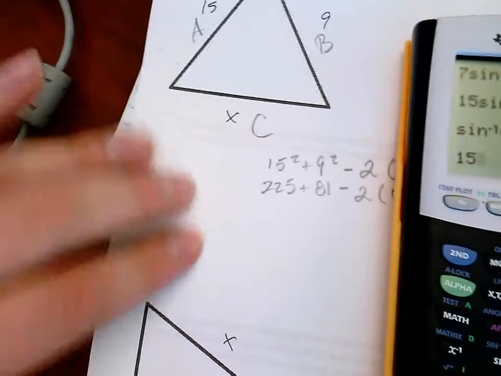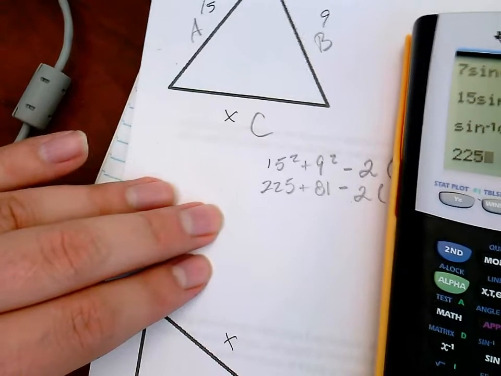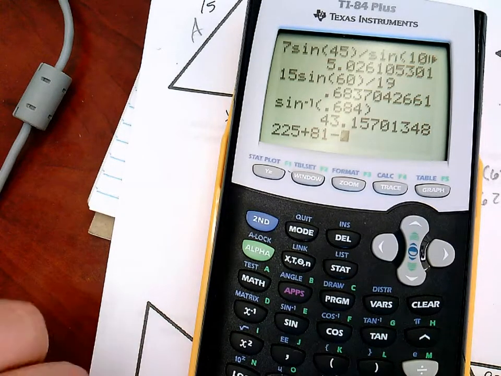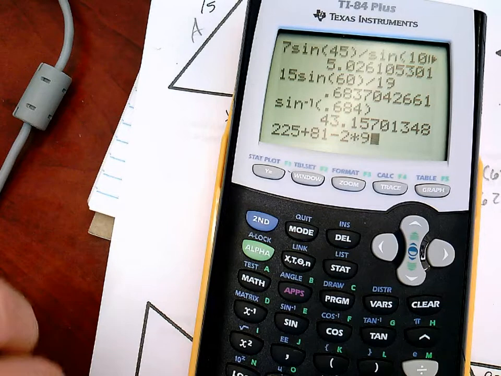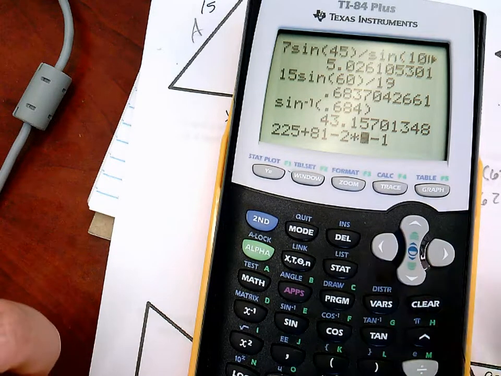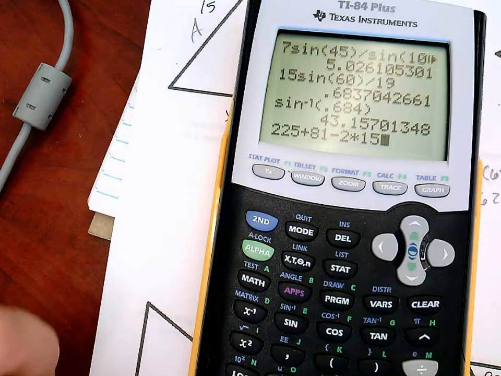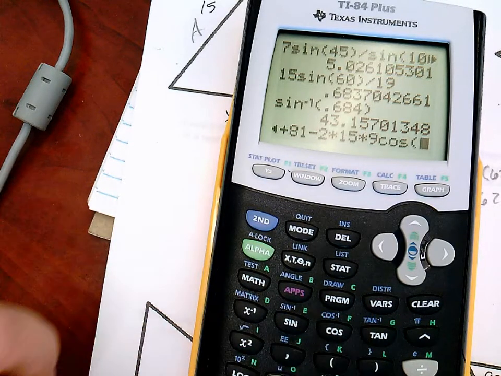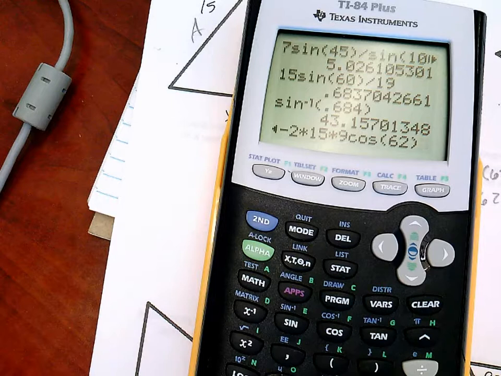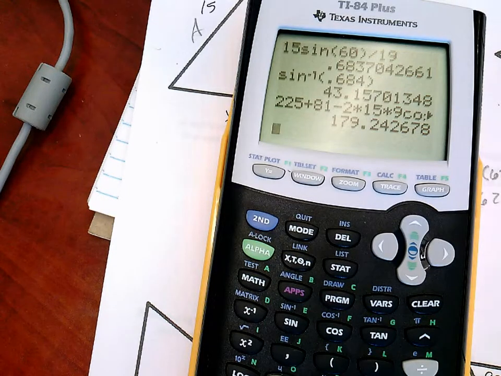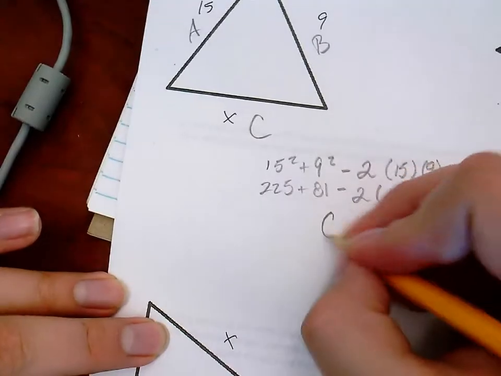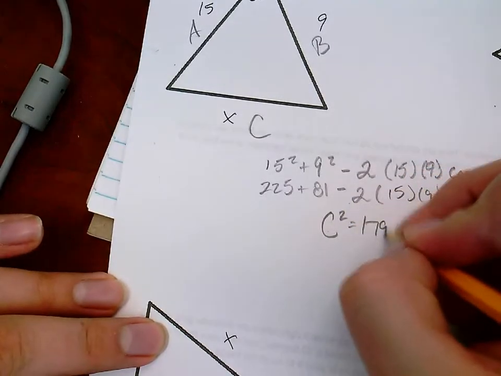Okay, so I'm just going to put in 225 plus 81 minus 2 times 15 times 9 times the cosine of 62 degrees. And that's going to give me 179.2. Okay. So I know that c squared equals 179.2.